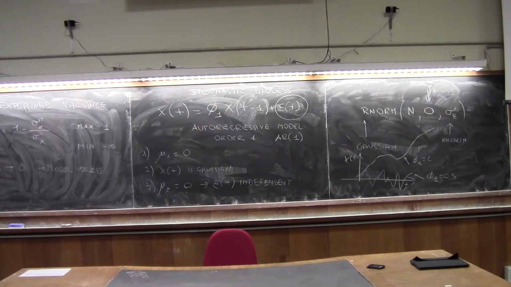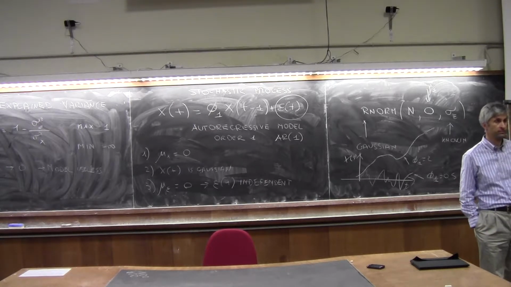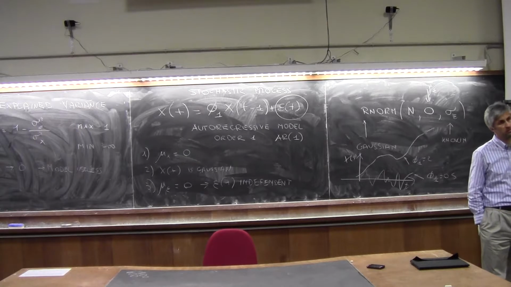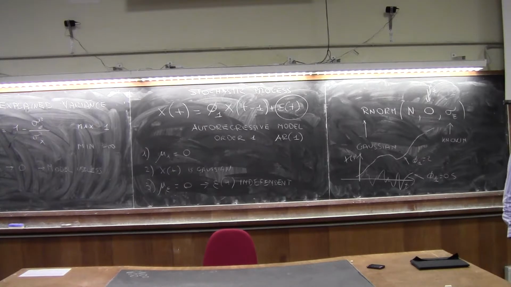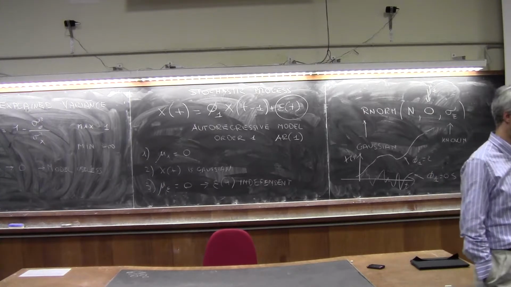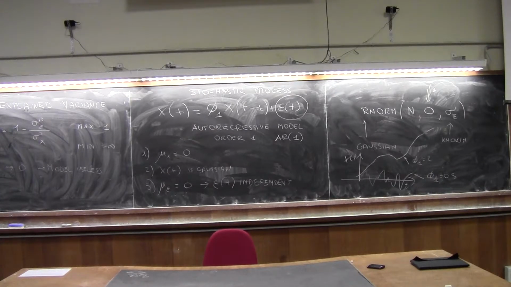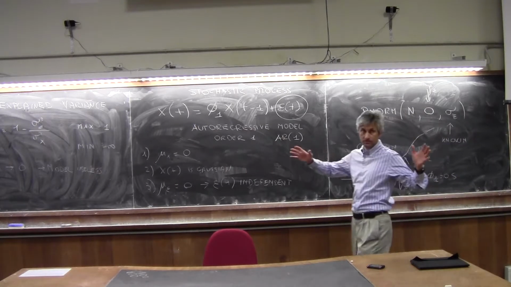For instance, the logarithm. Take the logarithm and you are very likely to get a Gaussian distribution. So this is closed for me.